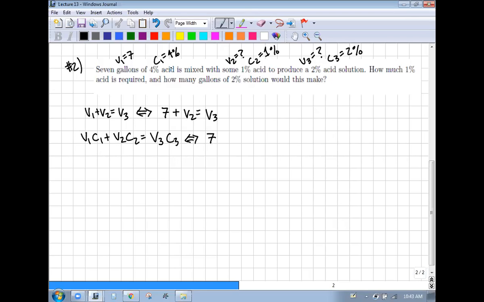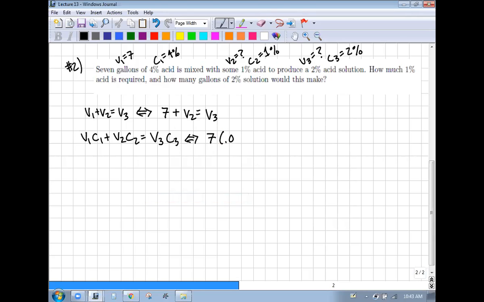Our concentration one is 4%. You can do this two different ways. You can either leave the percentage symbol in there, it'll eventually cancel out, or you can use 0.04 for 4%.